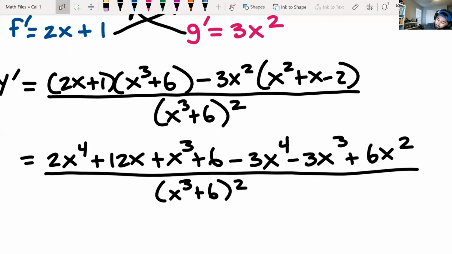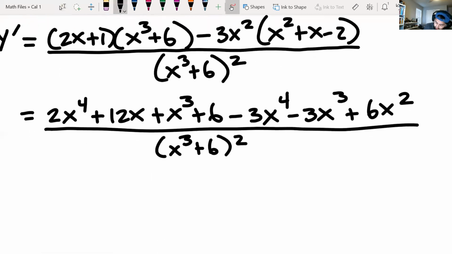Okay. Clean up one last time, hopefully. I have 2x to the 4th, negative 3x to the 4th, so negative x to the 4th. And then I have x cubed, negative 3x cubed, negative 2x cubed.